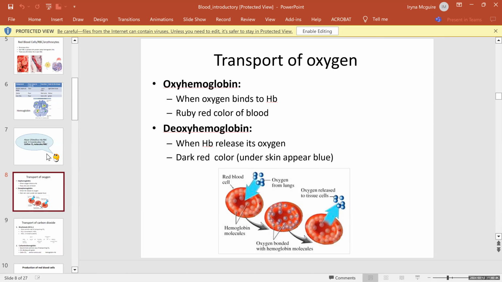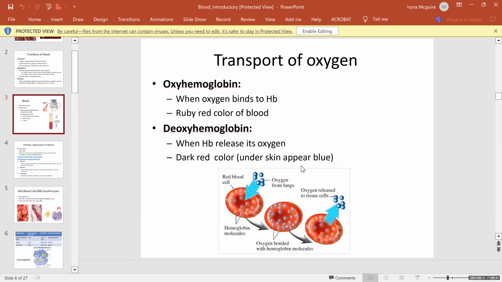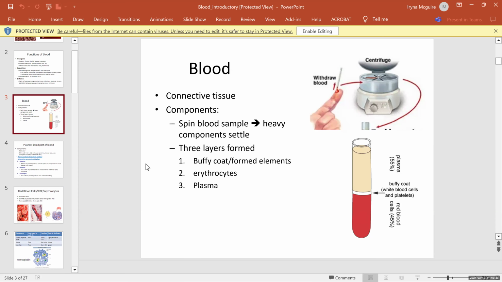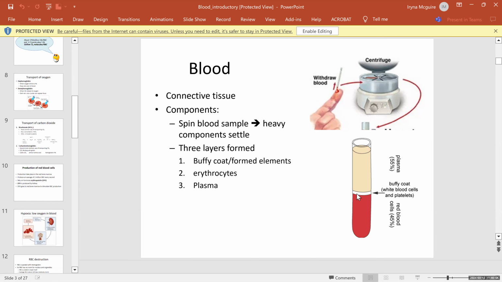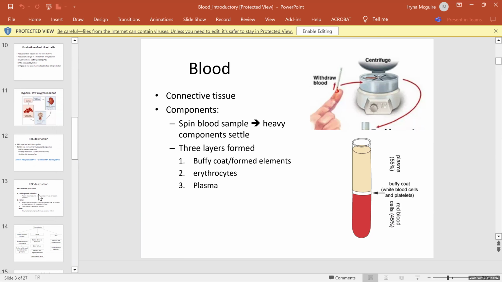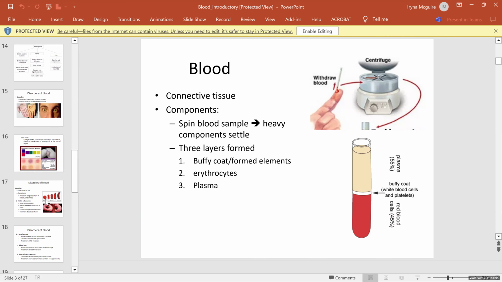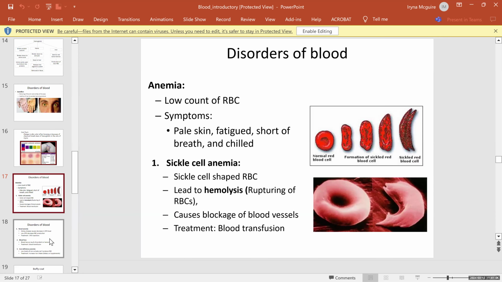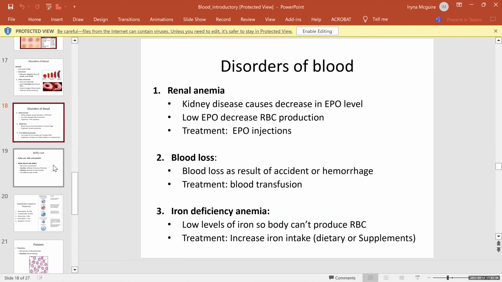So that's red blood cells, right over here, or erythrocytes. But now we're going to talk about this buffy coat that includes white blood cells and platelets. So this is over here.